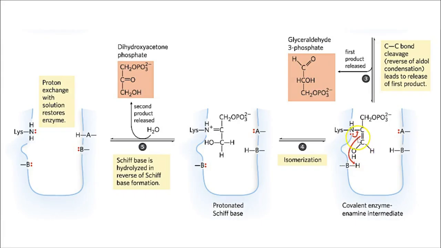And then from there, we have isomerization that occurs, and now we can have the second product released after hydrolysis, and you have the dihydroxyacetone phosphate, and then you have your original enzyme ready to have more of the fructose 1,6-bisphosphate to start breaking it down once more into the 2 products of glyceraldehyde 3-phosphate and dihydroxyacetone phosphate.